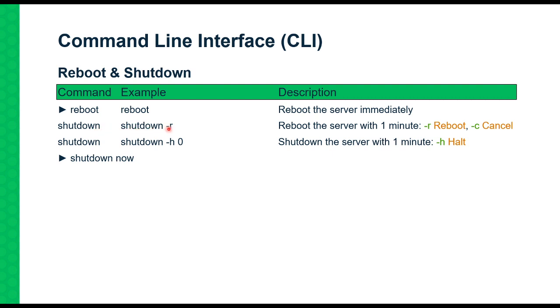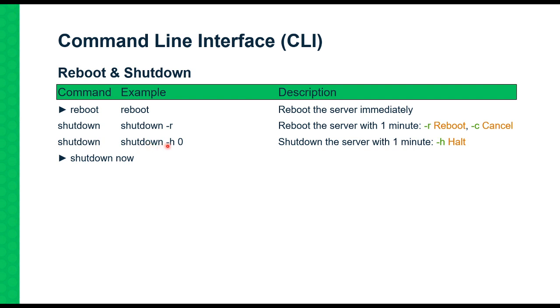That will be shutdown -r, and this will give you 1 minute for the server to do the shutdown or the reboot procedure. You can cancel this instruction within that minute by running shutdown -c, and it will cancel the reboot instruction.